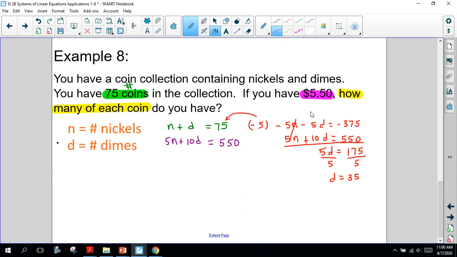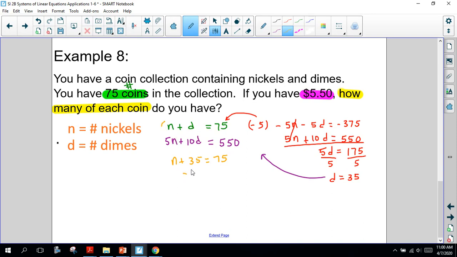All right, we've got the number of dimes. Go back in and plug in to get the number of nickels. So here we go, n plus d, well, the number of dimes is 35, equal to 75, using that first equation because that's really easy to work with without any coefficients in front of my variables.